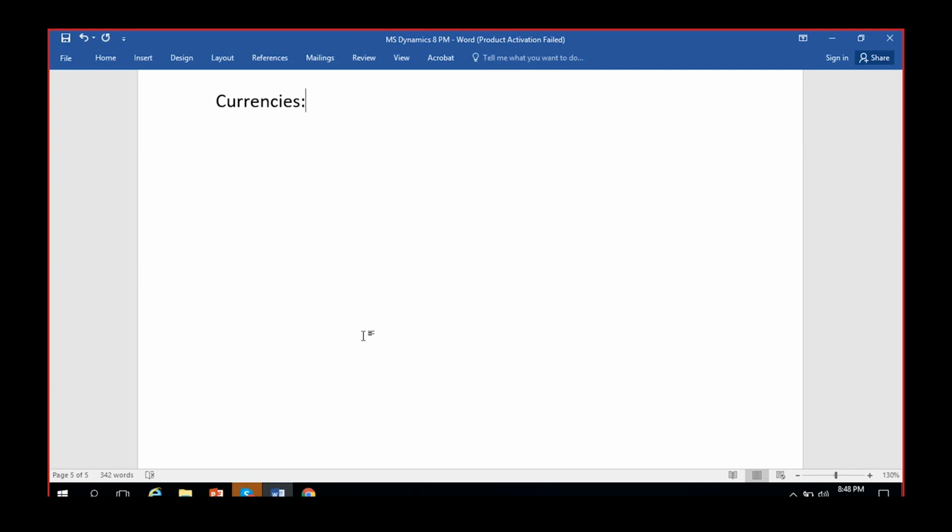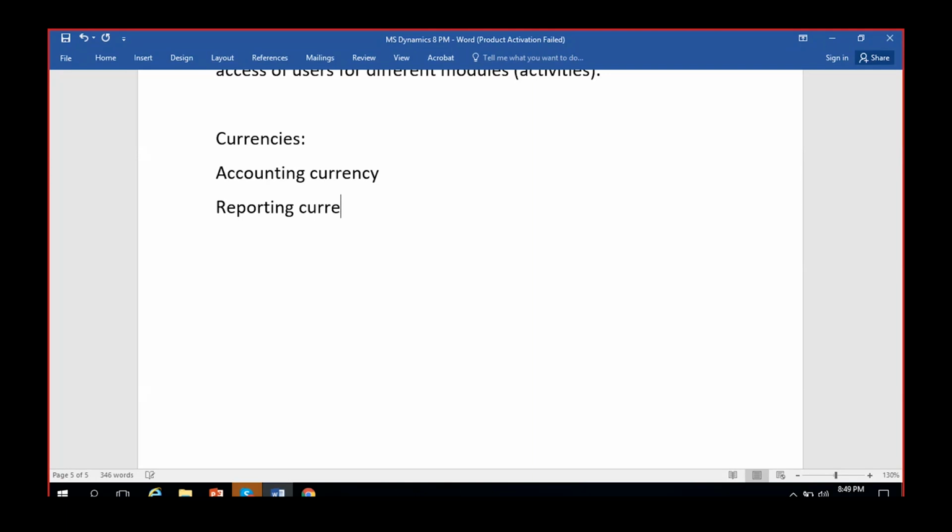While we are understanding the theoretical part of currencies, in Dynamics we have two concepts, or actually three, I'll tell you. Accounting currency, as well we have something called reporting currency. I'll go with an example.